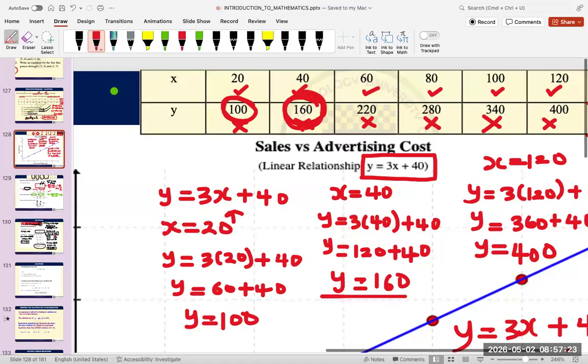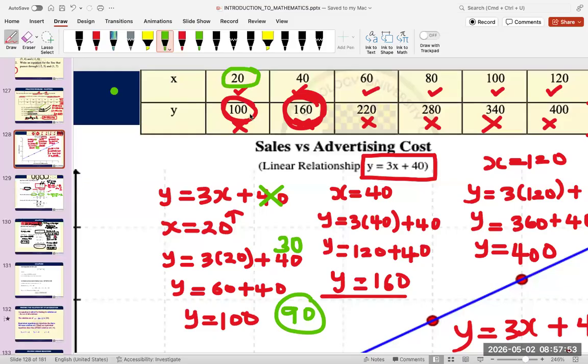If you pick X is 20, we want Y. Assuming we had this intercept wrong and wrote 30 instead of 40, when we add this up, instead of getting 100, we'll get 90. But when you go here, it is not 90, it is 100.